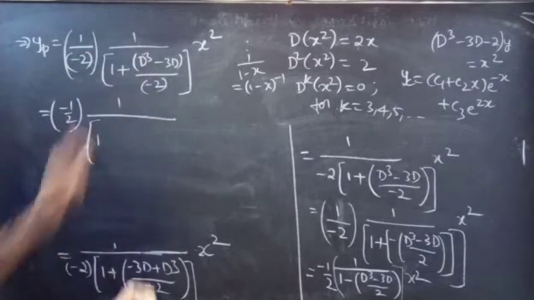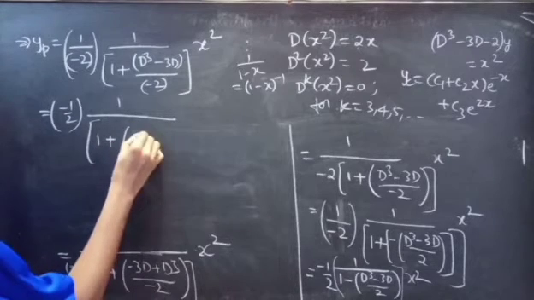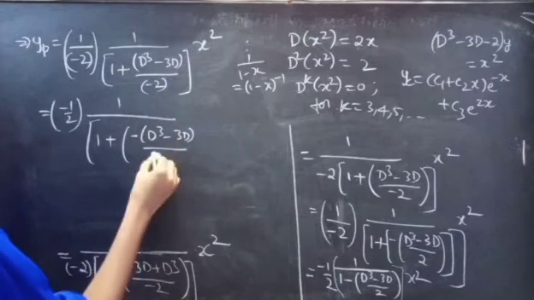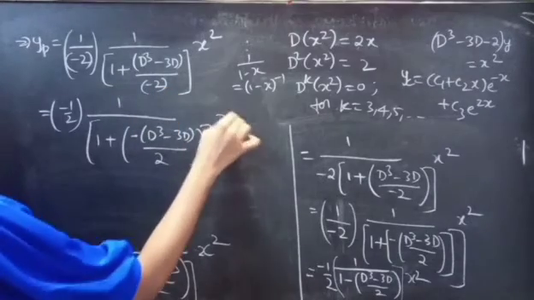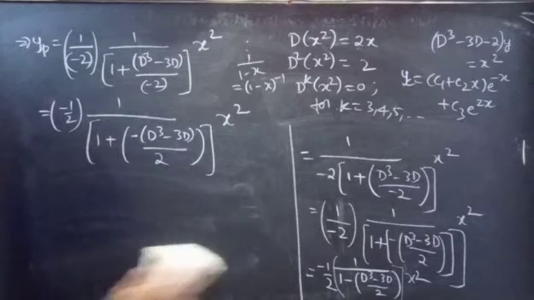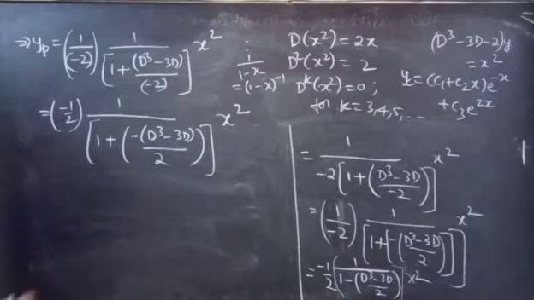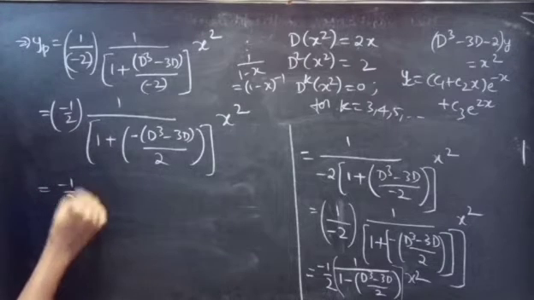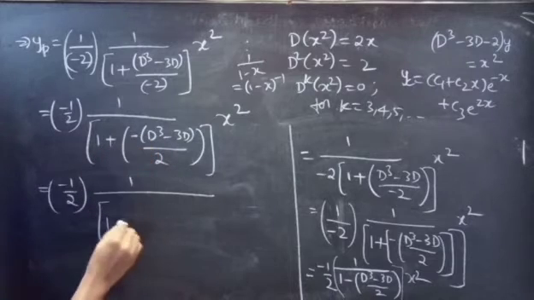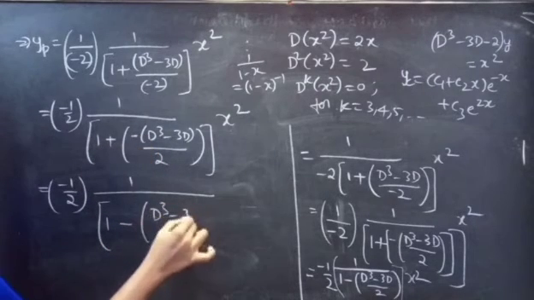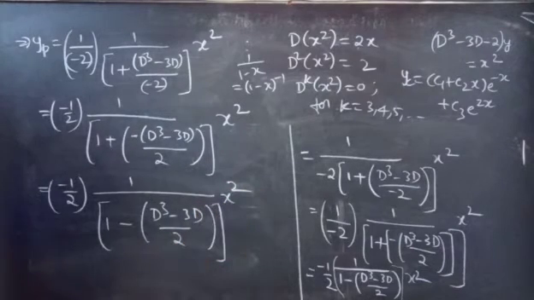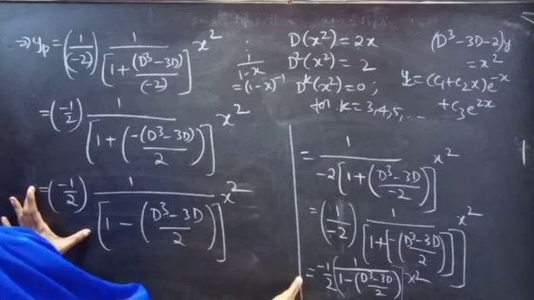We can write this fraction as minus of D cube minus 3D by 2 into x square, which is equals to minus 1 by 2 into 1 by 1 plus into minus, minus D cube minus 3D by 2 into x square. See, you'll get the same thing, right?